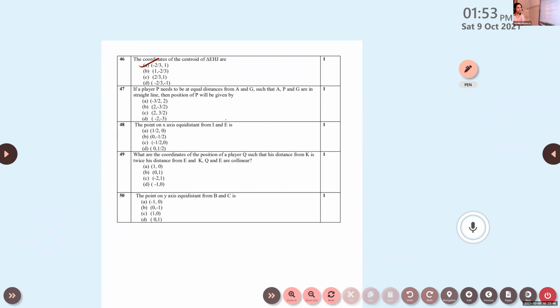If A, P, G are in a straight line, then the position of P will be. And P, what is given about P? P is at equal distance from A and G. That means it is in a straight line. Yes, it is the midpoint.